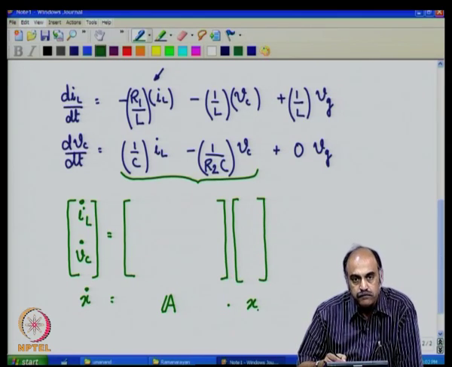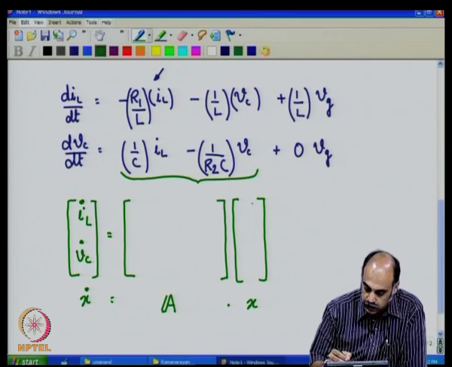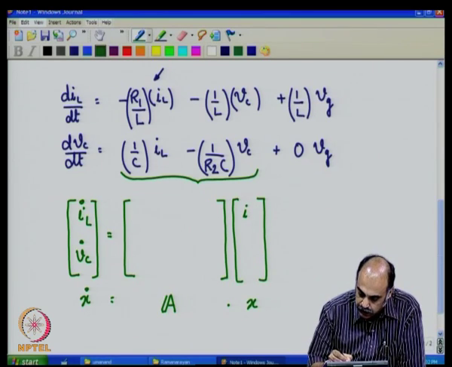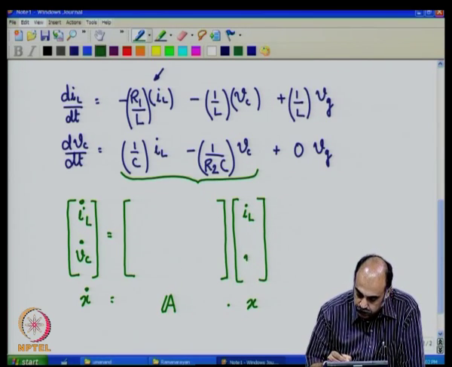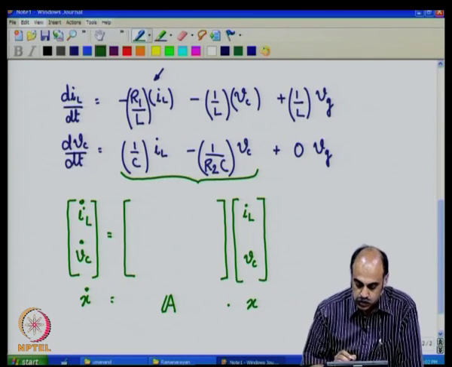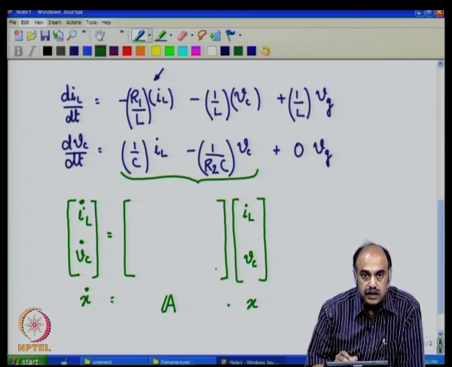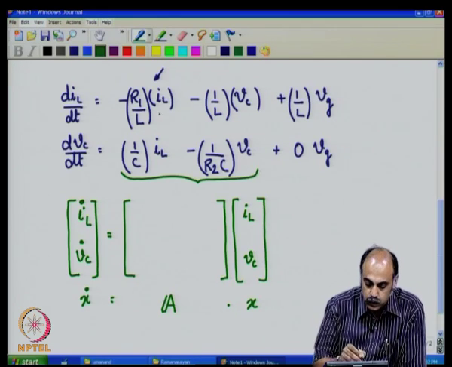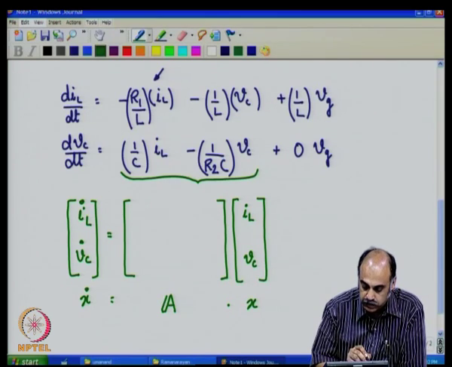We have already defined the state vector, which are the energy variables here, IL and Vc. Correspondingly, we can fill in the elements of this matrix by looking at the two sets of differential equations, as we have written above.